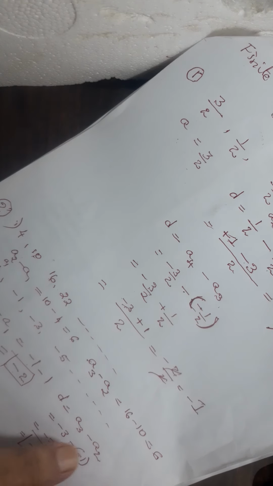Now like this, the third one, if you go to see: minus 2, 2, minus 2, 2, minus 2, 2. Now they have worked this out for you people. It's a worked example. In the third example, A2 minus A1, you got there 2 minus of minus 2, which is equal to 4.